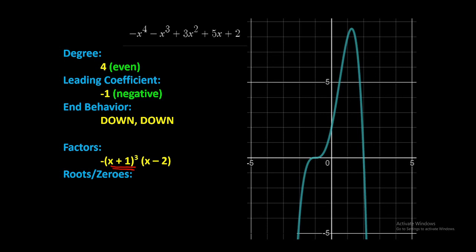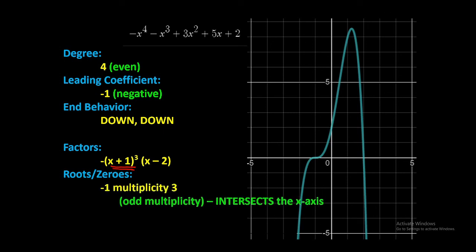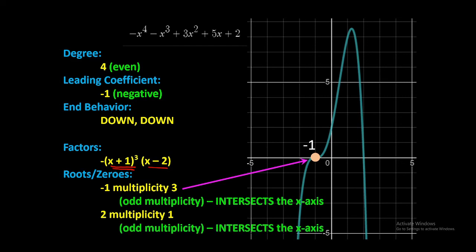You'll have negative 1 multiplicity of what? 3. And that is an odd multiplicity. Therefore, it will intersect the x-axis. The second factor, which is x minus 2, will give us roots of 2, multiplicity 1, which is an odd multiplicity gihapon, maunang ni-intersect siya din.